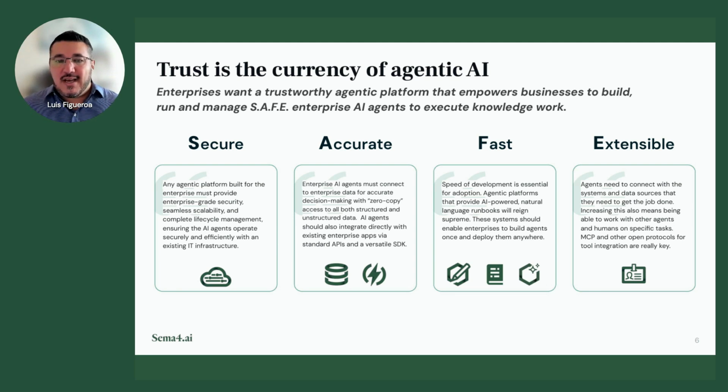Now let's talk about fast. This pillar is all about speed of development and being able to get to market with your AI agent products fast. So a few things for this pillar: the fact that we mainly build agents using natural language. It really democratizes agents, so you don't need very advanced programming skills to build these agents.